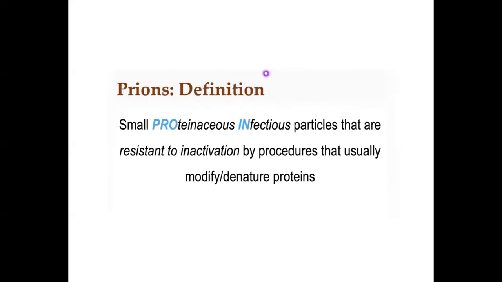It kind of passed me. Oh, okay. They are small proteinaceous infectious particles. From this word, proteinaceous infectious particles that are usually resistant to inactivation by procedures that usually modify or denature proteins. So I wanted to explain why they're called prions.